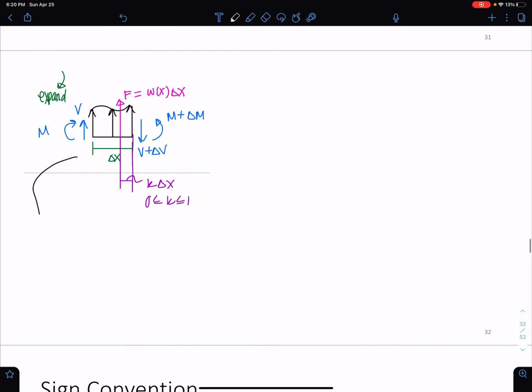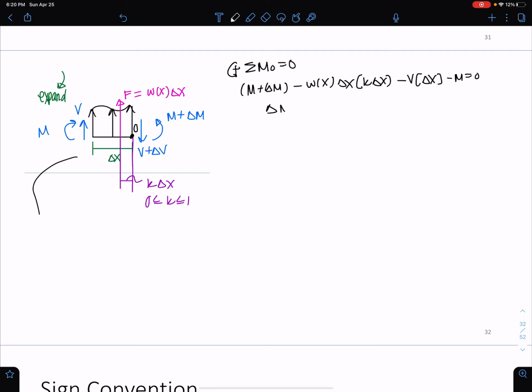And let's now take the moment. Let's say this is point O. Counterclockwise is positive. We have M plus delta M minus w(x) delta x times k delta x minus V times delta x minus M equals 0.